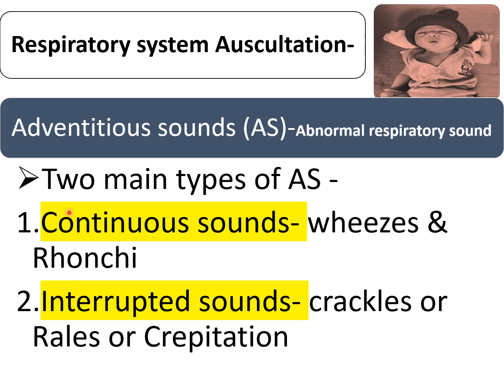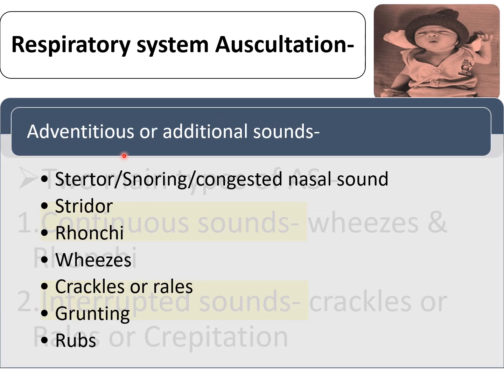Examples of continuous sound are wheezes and rhonchi, and examples of interrupted sound are crackles, rales or crepitations. So these are the various additional or adventitious sounds: stertor, stridor, rhonchi, wheezes, crackles, grunting and rub. I am going to tell you the details of all these sounds one by one.